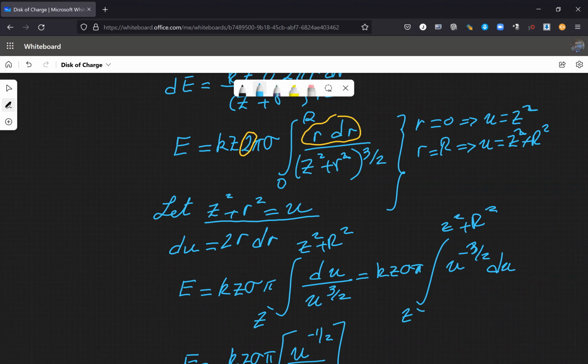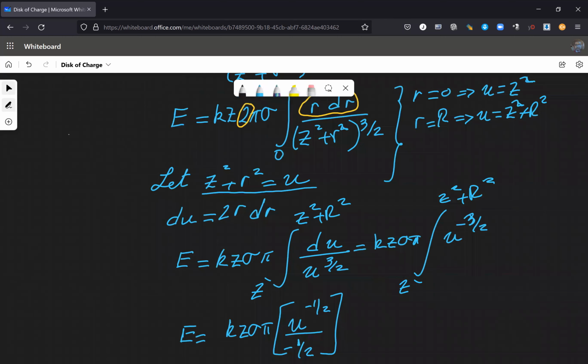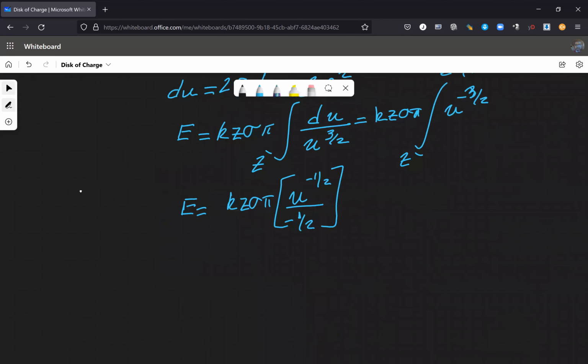Now you could go back and substitute u and then keep the limits in terms of r, but I want to just try it this way. Should get the same answer. All right. So now what do we have? I have to make the limits from z squared to z squared plus r squared.